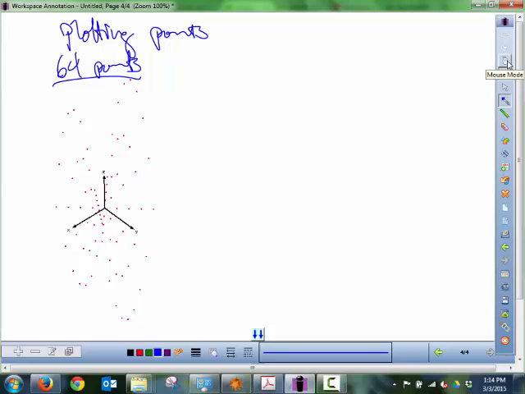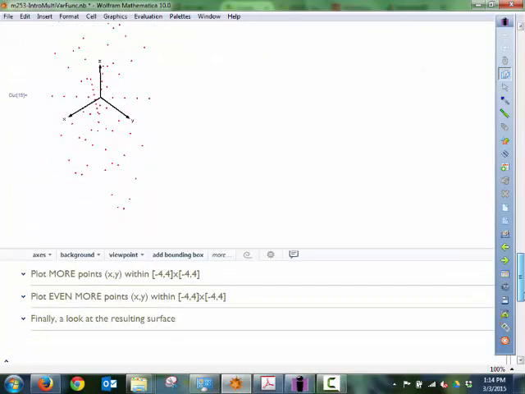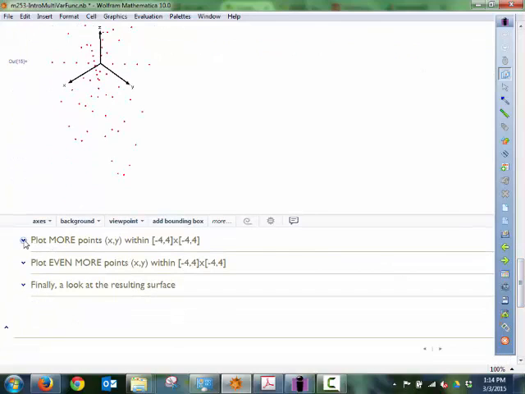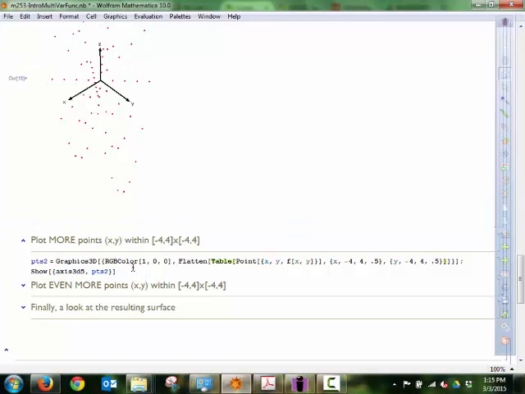But connecting these dots is a little bit more difficult because there's a lot of dots. So let's see if we can add more dots to it. This time I'm taking the halves instead of just whole numbers: -4, -3.5, -3, -2.5, etc. So let's see how that's going to look.